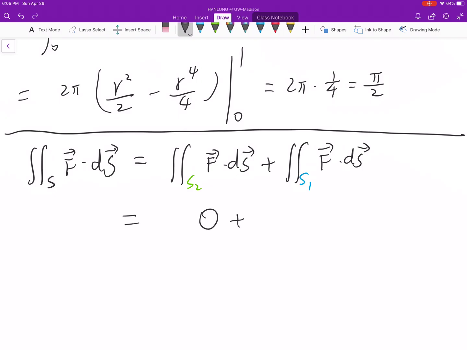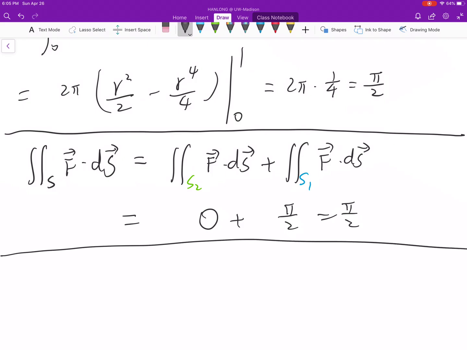So you have 0 plus pi over 2, which is pi over 2. Of course, here the orientation is positive. As I mentioned before, you need to be very careful about the orientation, and it's better to state at some point what your choice of the orientation is. Okay, I will stop here.